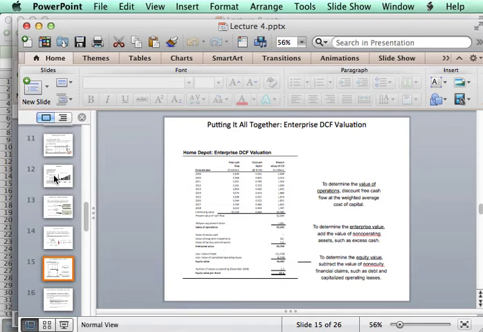I mentioned that this was a DCF valuation of Home Depot, and I said this would be very important because eventually we're going to put this into our model. Today's the day we're going to put this into our model. We're going to take the valuation of Home Depot and create a tab in our model that looks almost identical to this. Okay, so this is the process for doing a DCF valuation.